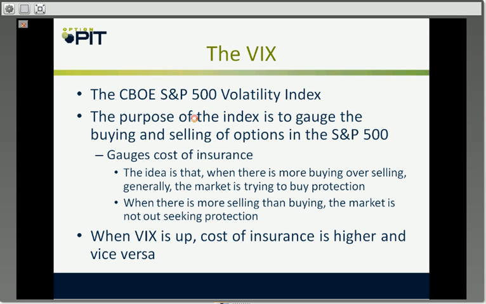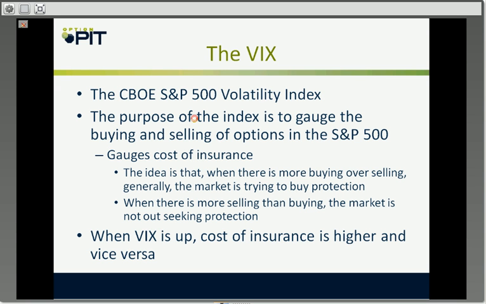So the VIX is the CBOE, that's Chicago Board Options Exchange, S&P 500 Volatility Index. The purpose of the index is to gauge the buying and selling of options in the S&P 500, sometimes called the SPX. Everyone knows what SPY is. SPY has options.